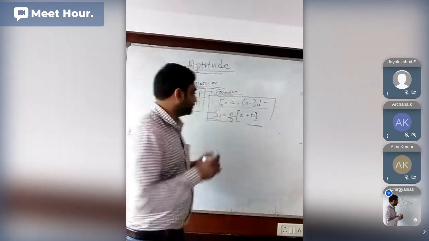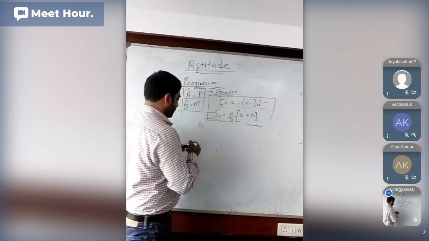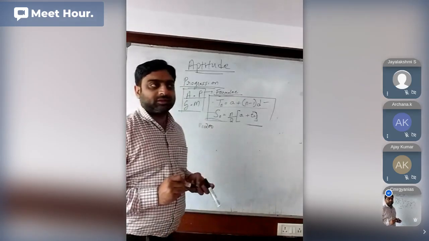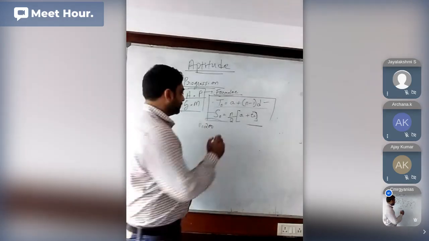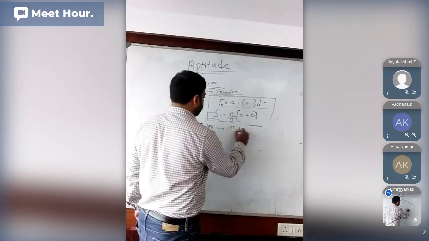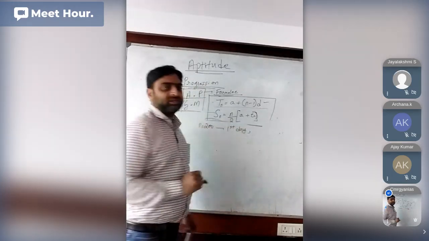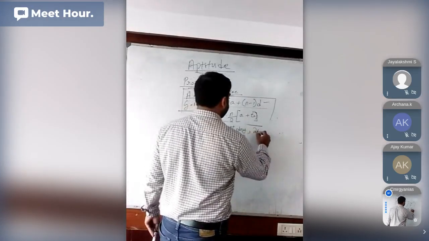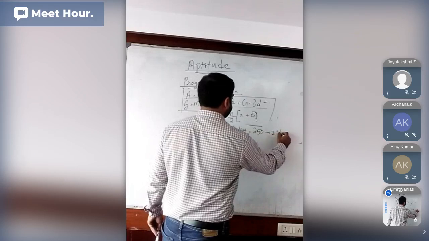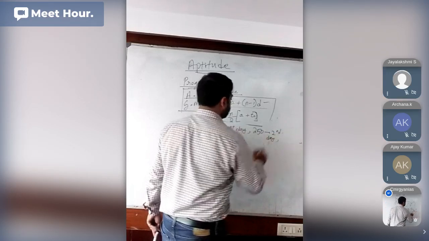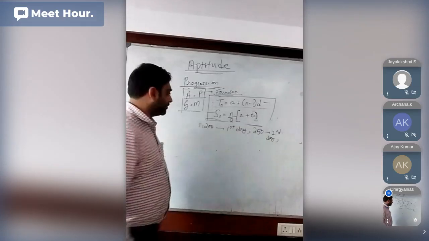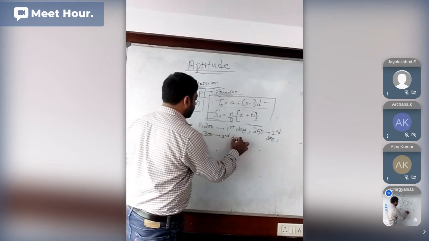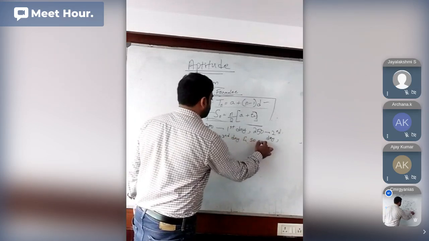Rupees 200 is the penalty for the first day, 250 for the second day, 300 for the third day, and so on.